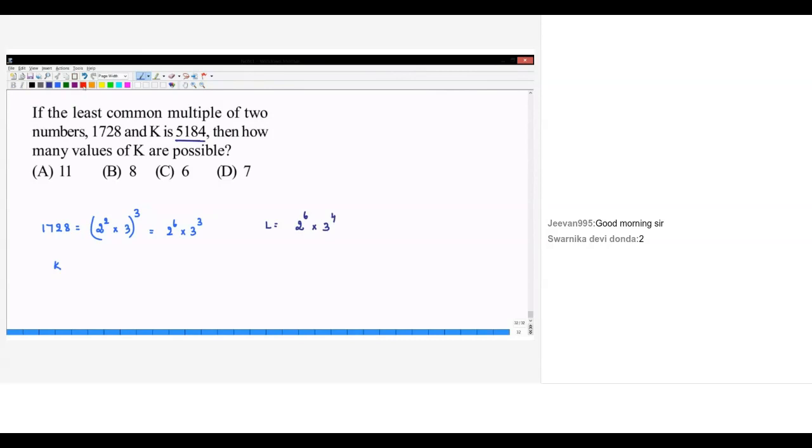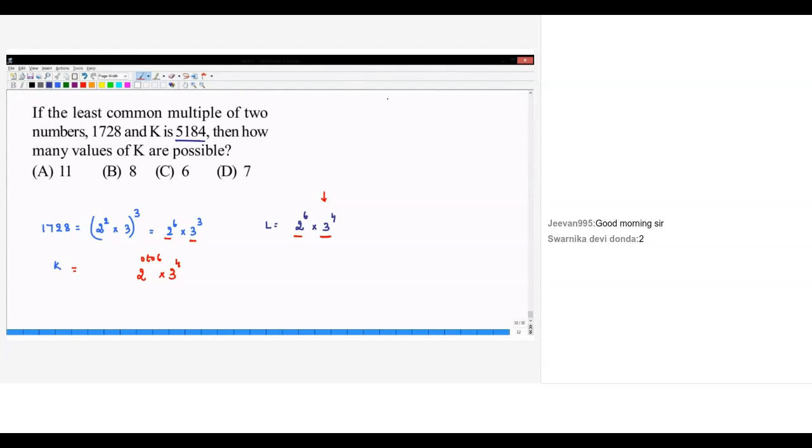Now see, K should definitely contain 3 power 4, because 3 power 3 is the highest one in this, so 3 power 4, the highest power, will come in LCM. If the highest power is not there in the first one, it should be there in the second one. Here you have 2 power 6, and here also you have 2 power 6, which means in K it can be any power of 2 from 0 to 6.